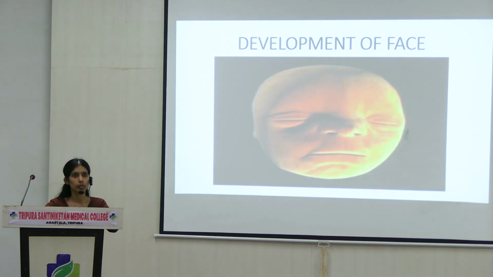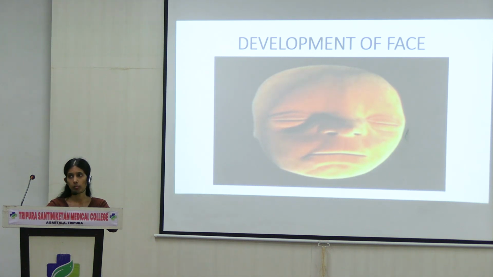And later your maxillary process will combine with the frontonasal process and give rise to your philtrum, upper lip and upper cheek regions. And your frontonasal region will give rise to forehead part, the nose region, that is tip of the nose, ala of the nose, and also the nasal septum part.